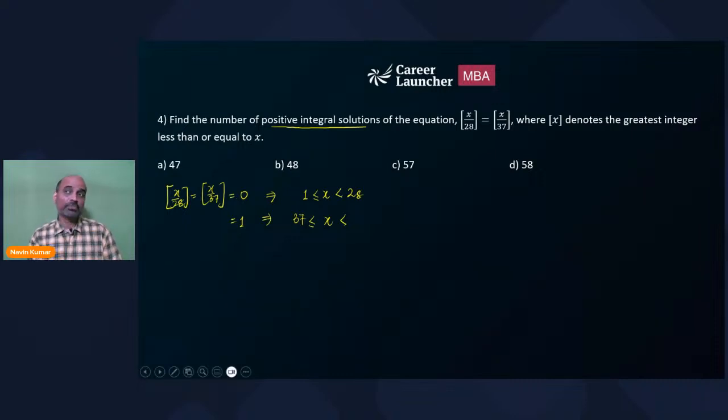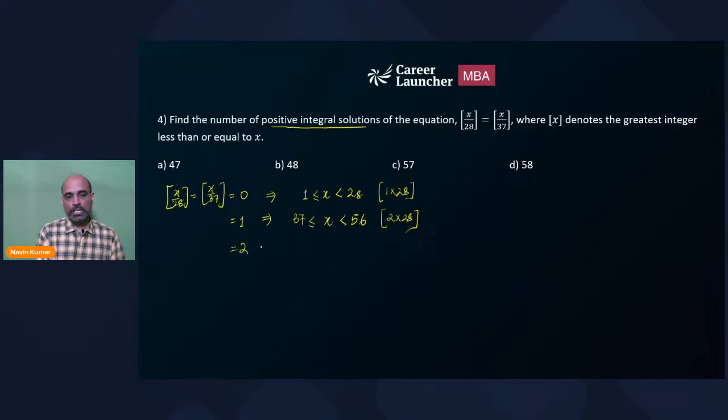The moment it becomes double of 28, which is 56, my x by 28 will become 56 by 28, which is 2, while 56 by 37 will still be 1. So I can't take 56 because there will be a mismatch. So I have to take anything less than 56, which is going to be, okay, मैं आपको समझाने के लिए कह देता हूँ, this is 1 times 28 से कम होना चाहिए और ये 2 times 28 से कम होना चाहिए, so that you can see the pattern.